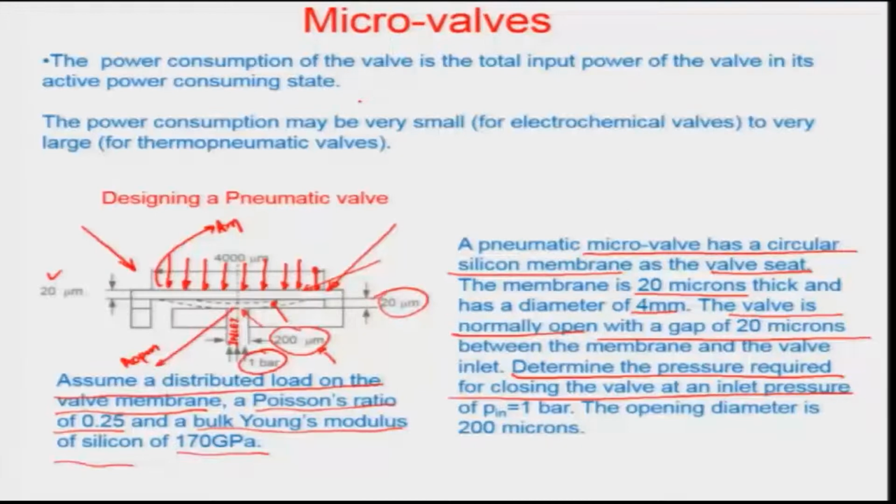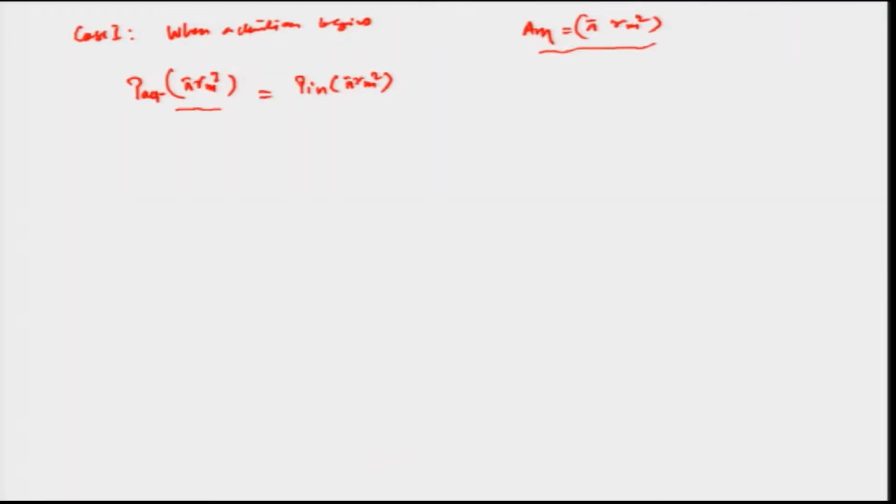Please understand, when we are talking about the beginning of actuation, the whole inlet pressure is available on the lower side of the membrane, because the membrane has not deflected or moved, and so the membrane is being upheld by the inlet pressure, which gets into this particular channel and, before moving out, would create through Pascal's law an equal pressure in all directions. So, here P inlet times pi r_m squared plus the spring force is what makes up the force balance equation.